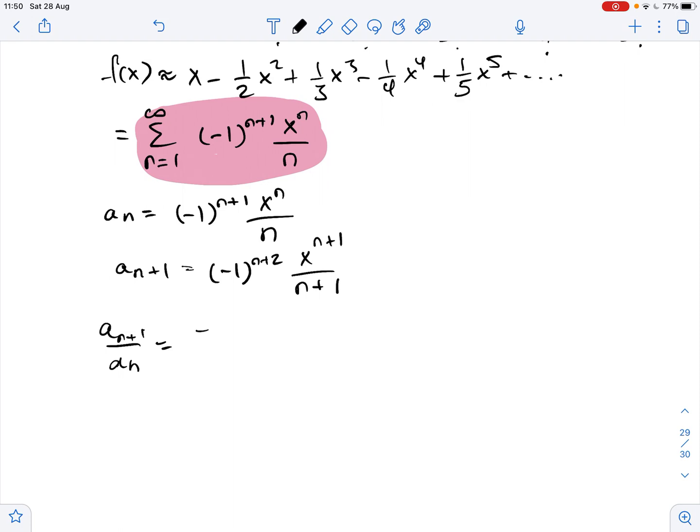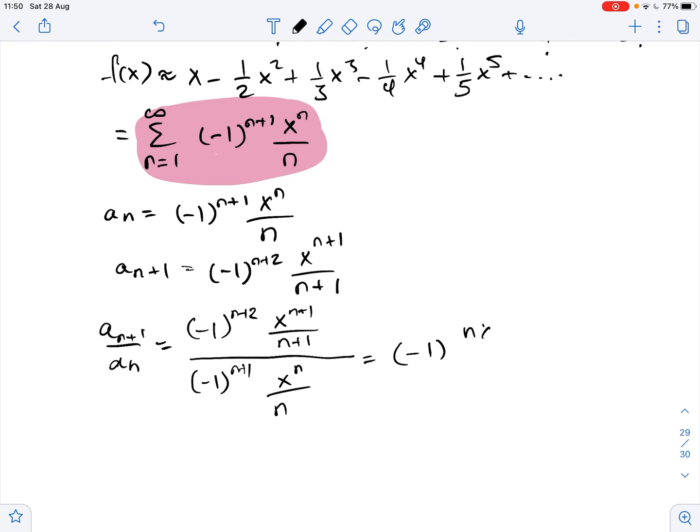Then a n plus 1 over a n equals negative 1 to the power of n plus 2 times x to the power of n plus 1 over n plus 1 divided by negative 1 to the power of n plus 1 times x to the power of n over n. Then this equals negative 1 times nx over n plus 1.